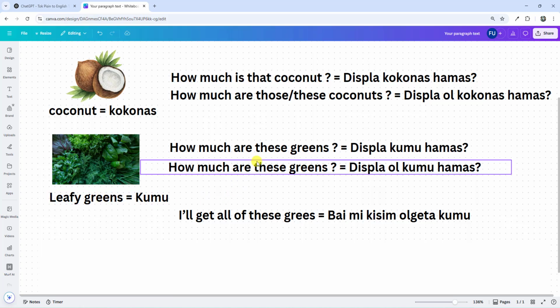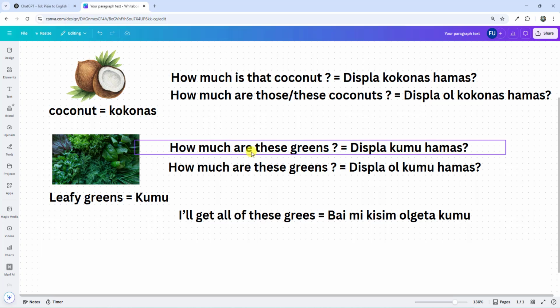So for example, you want to ask how much are these greens, because they're in a bundle. As we learned earlier, Displa can refer to this or those, plural or singular. You say Displa Kumu hamas.